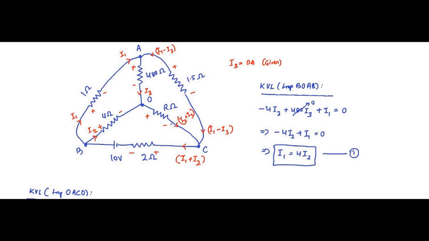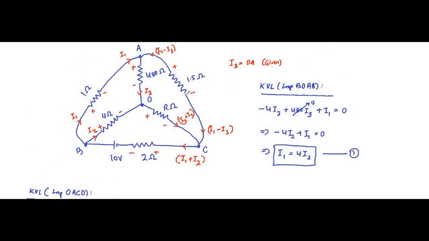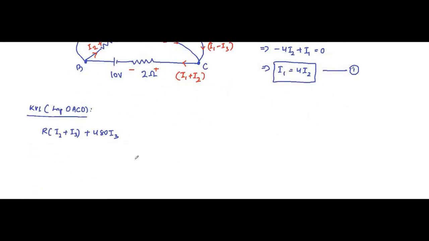Then minus 1.5 into (I1 minus I3), minus 1.5 as we are moving from plus to minus, summation is equal to 0. Let us simplify it. So it is RI2 plus RI3 plus 480 I3 minus 1.5 I1 plus 1.5 I3 is equal to 0.